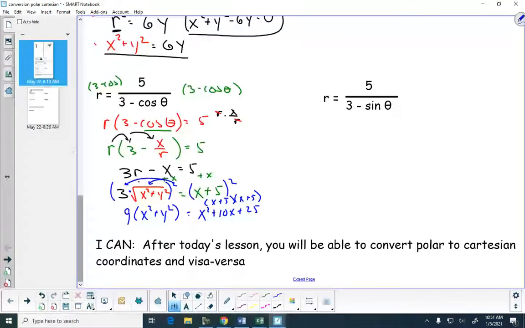Our next step would be to distribute. So we have 9x squared plus 9y squared is equal to x squared plus 10x plus 25.